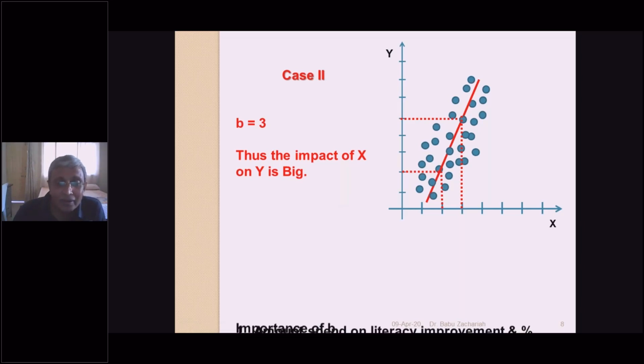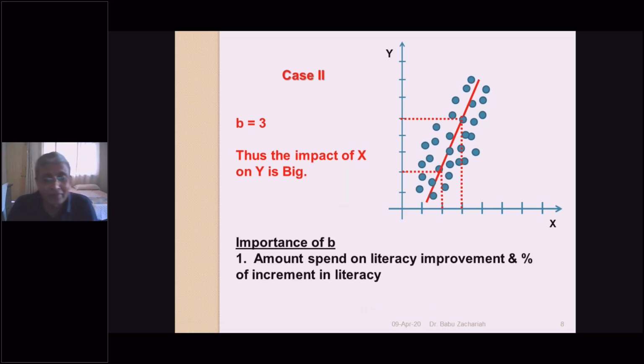These have practical implications. I'm going to give you examples. The first example: suppose a government is planning to spend 1 crore rupees on literacy improvement. If after spending 1 crore rupees, literacy improves only by, say, 0.5%, that is not a good deal. If I spend 1 crore rupees and literacy increases by 5%, that is a good deal.